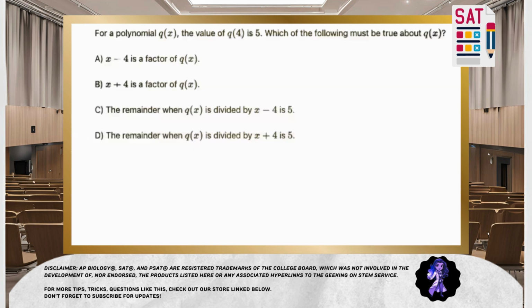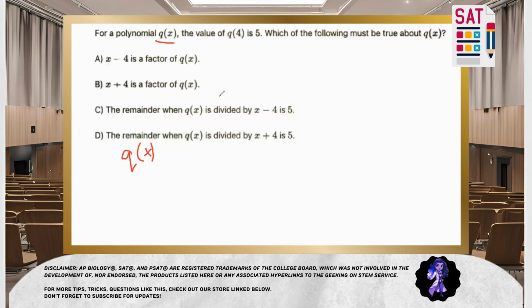Okay, so now that you're done reading the question, let's take a look at this concept to better understand what the remainder theorem is. The remainder theorem tells us that Q of X, and the reason why I'm using Q of X is because that's what they tell us the polynomial is.